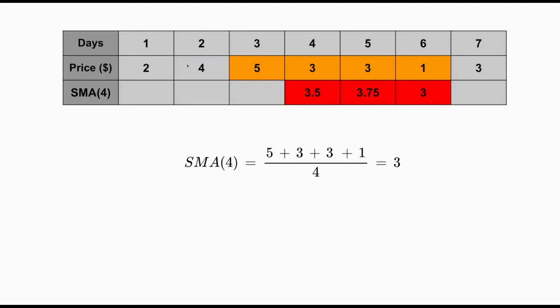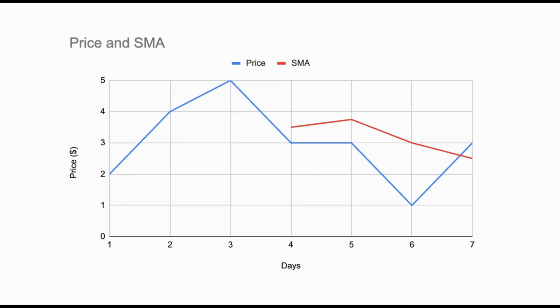And moving to the next slides, you will see that we'll calculate the SMA using this movable window. Our graph illustrates this concept. It showcases the asset's price over the 7 days, that was the table before, including the 4-day SMA, which is the red line.